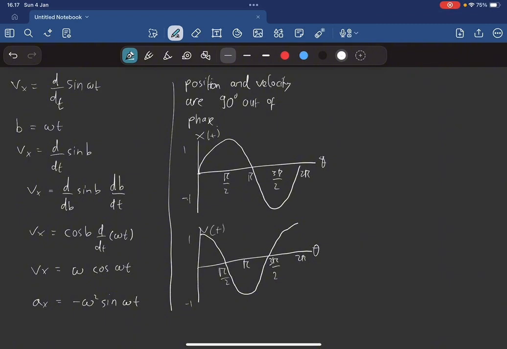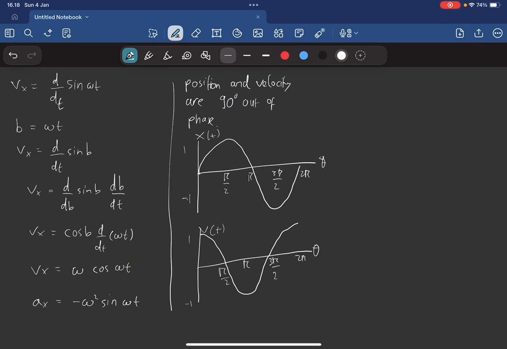The position and acceleration are also related, both being proportional to sine omega t. But notice the minus sign in the acceleration. That minus sign says that whenever x is positive, the acceleration is negative, and vice versa. Whenever x is negative, the acceleration is positive. In other words, wherever the particle is, it is being accelerated back toward the origin.